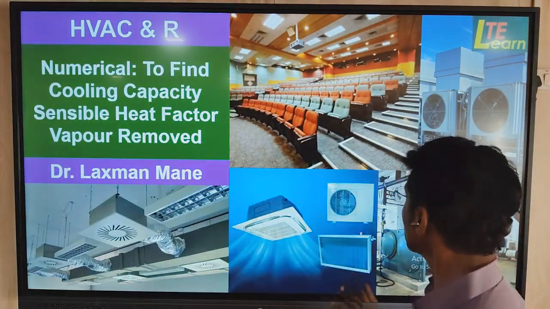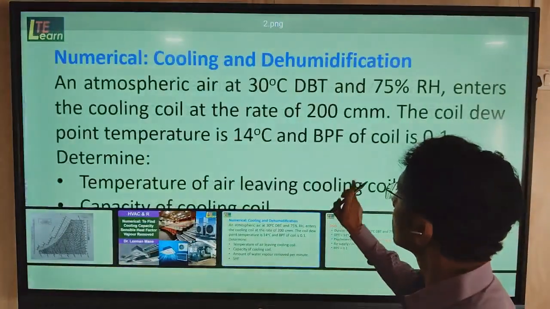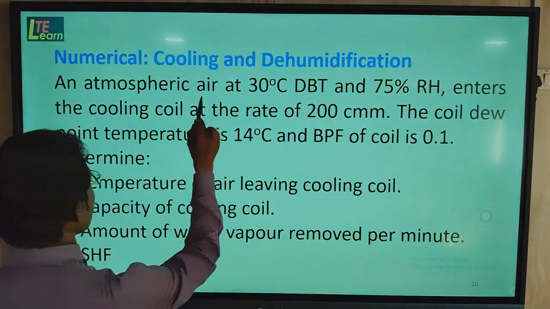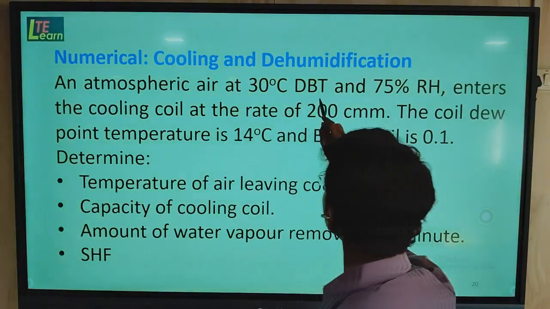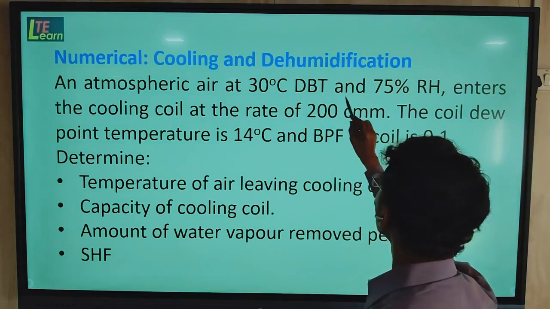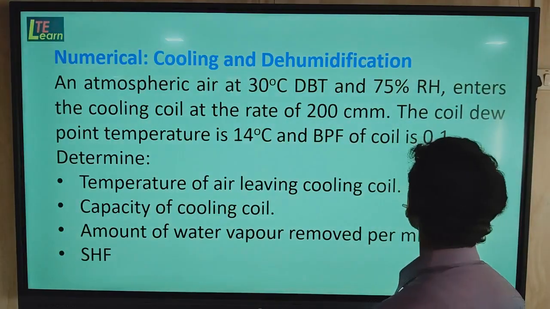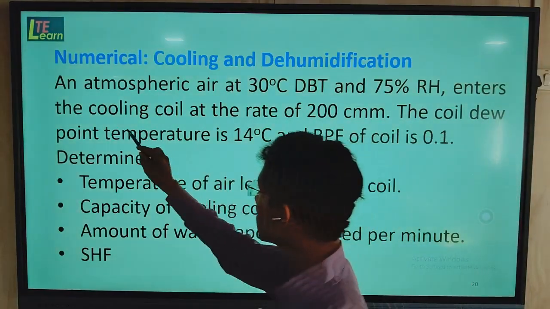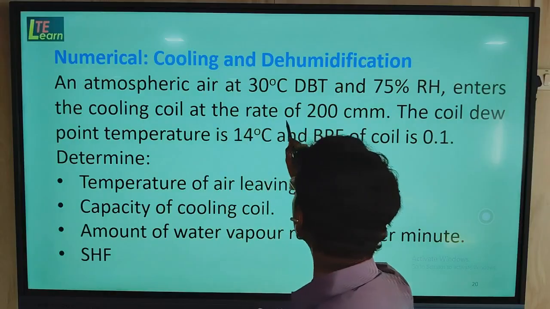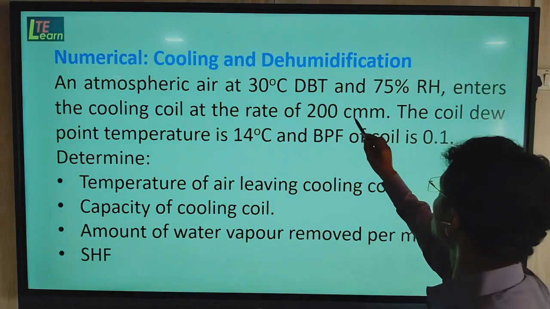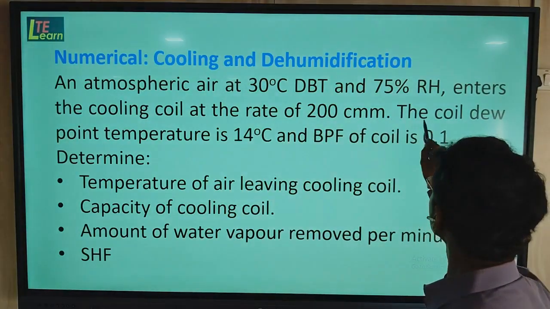So to solve the numerical, let us have the statement. Atmospheric air at 30 degrees Celsius DBT, dry bulb temperature, and 75% RH, relative humidity, enters the cooling coil at the rate of 200 CMM, meaning meter cube per minute.